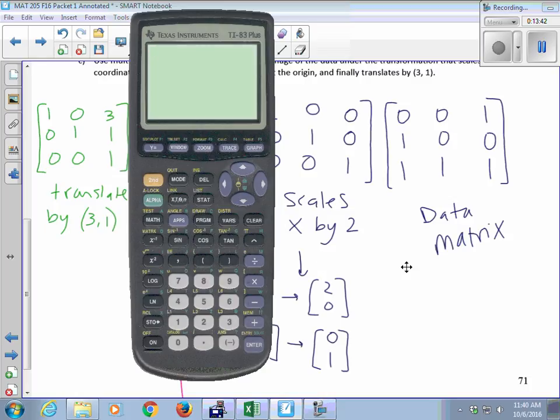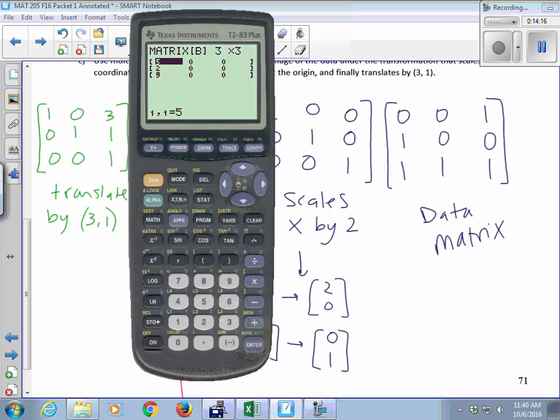Okay, so matrix, edit, 3 by 3. My first matrix, I'll do the translate matrix. 1, 0, 3, 0, 1, 1, 0, 0, 1. Go back into matrix, edit matrix B, 3 by 3.